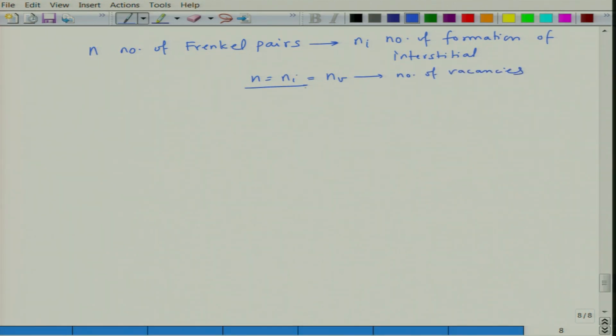We write this assuming that capital N is the total number of lattice sites.